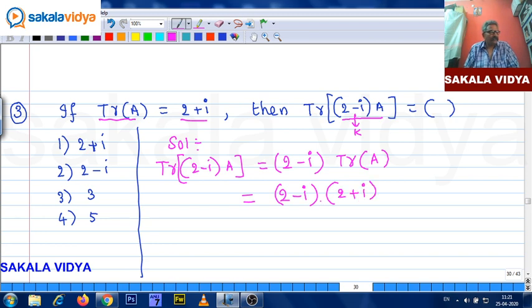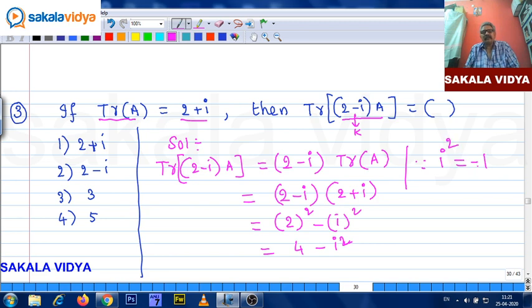This is (a minus b)(a plus b), so we can write 2 squared minus i squared. 2 squared is 4 minus i squared. Here a very interesting fact needs to be remembered: i is the imaginary number iota, and i squared is equal to minus 1. So 4 plus 1 equals 5. Fourth option.